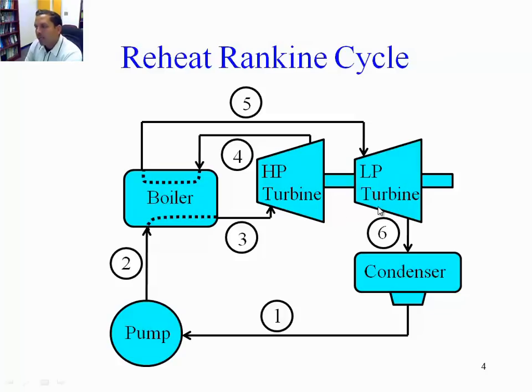Then at the exit of the low pressure turbine, as always, the wet vapor mixture is passed through a condenser so that we can obtain saturated liquid that can be used in the pump back into the boiler.